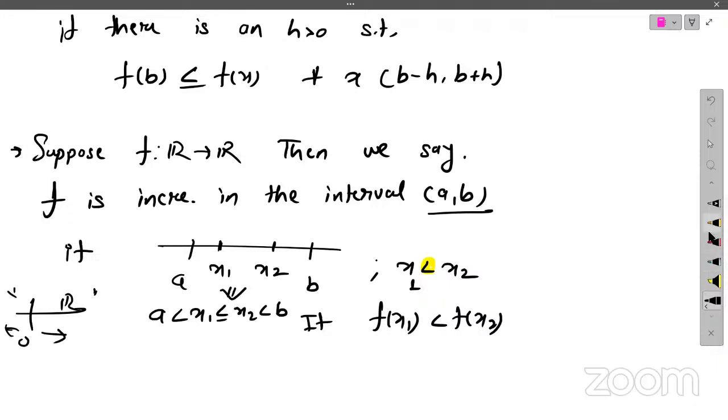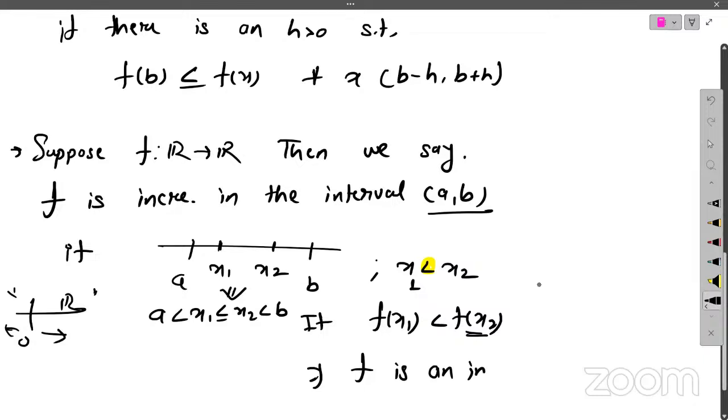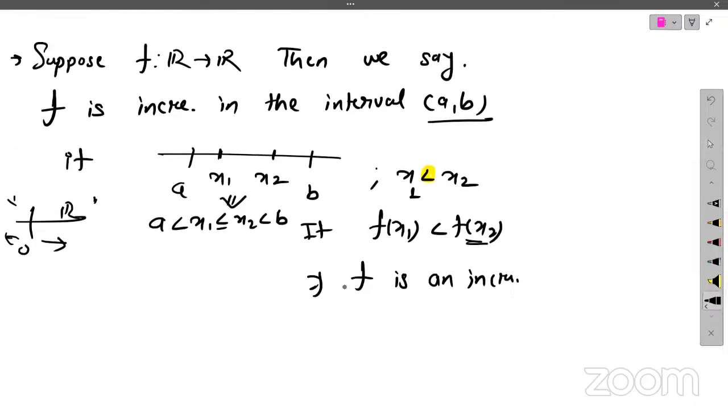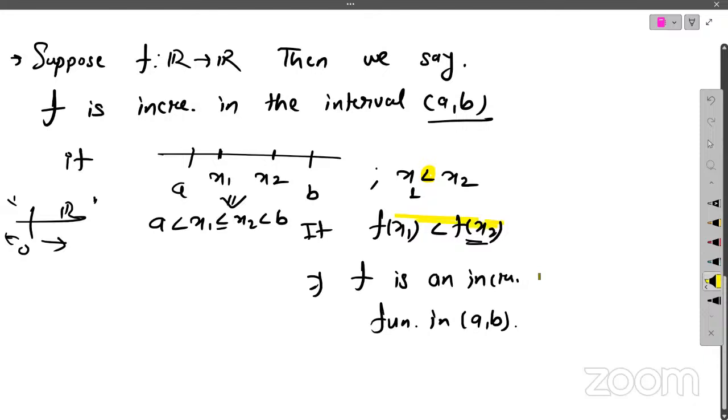So if a function preserves this inequality, that is, if x1 is less than x2 and the value of the function at x1 is also less than the value at x2, then we say that f is an increasing function in this particular interval, the open interval (a, b). So if x1 is less than x2, it should imply f(x1) is less than f(x2). The inequality should be present. Then we say that it is an increasing function.